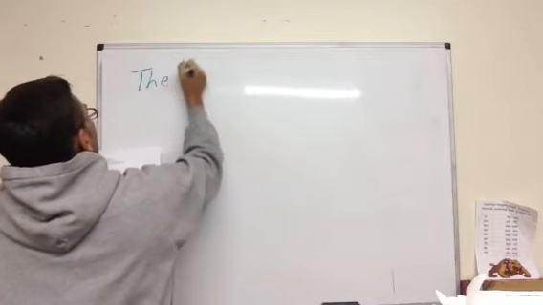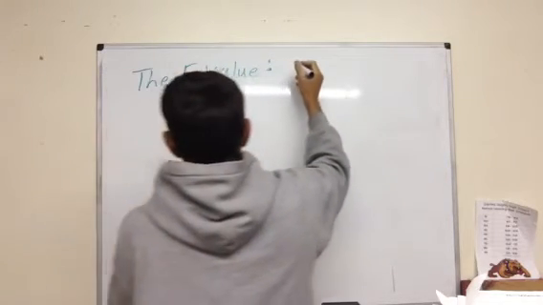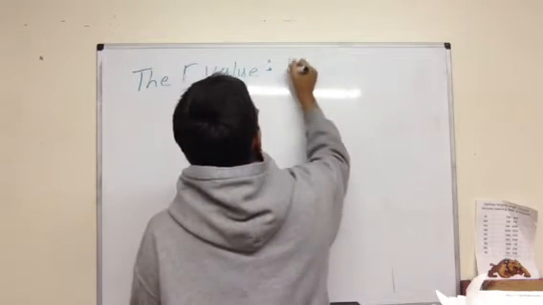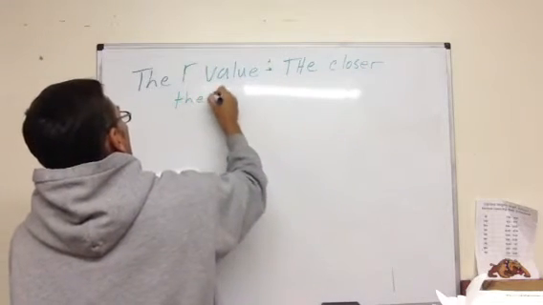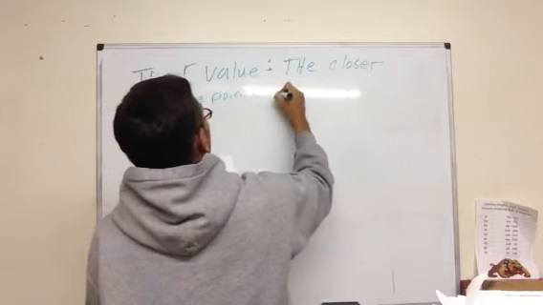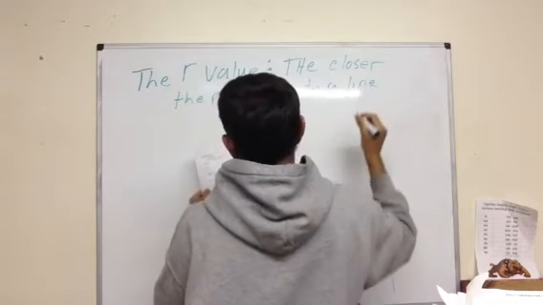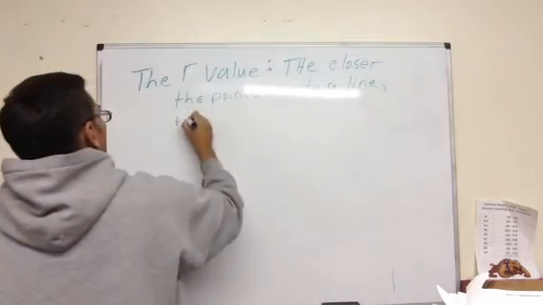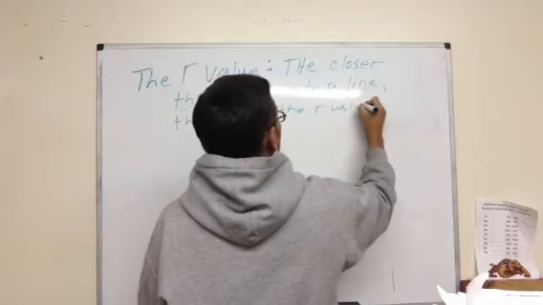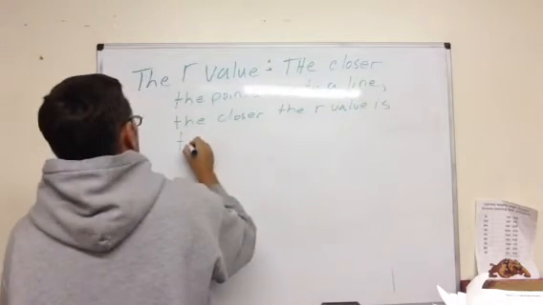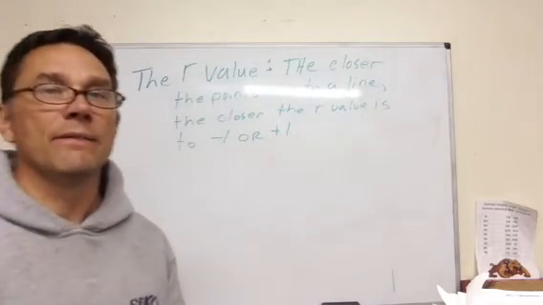So the R value: the closer the points are to a line, the closer the R value is to -1 or +1. So I'll let you write that down.